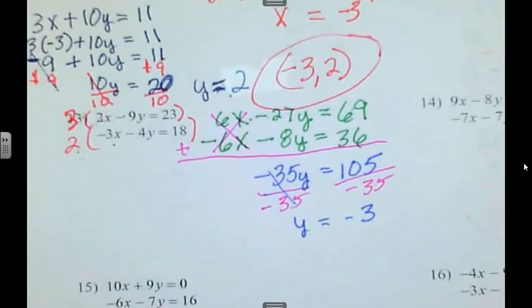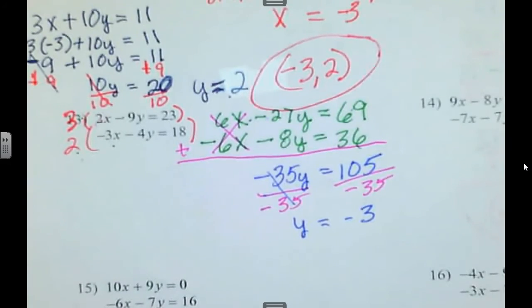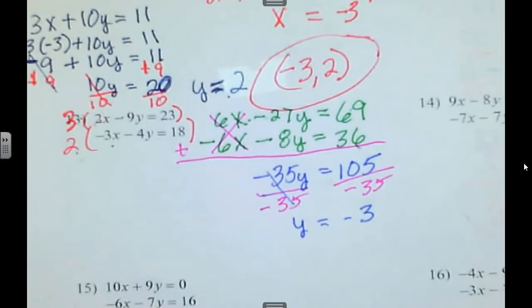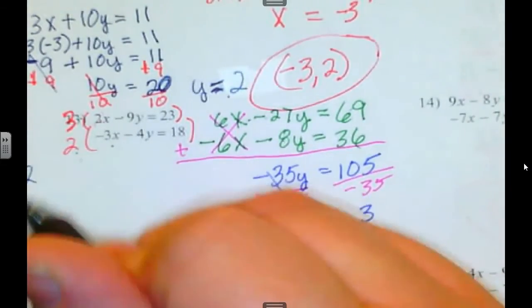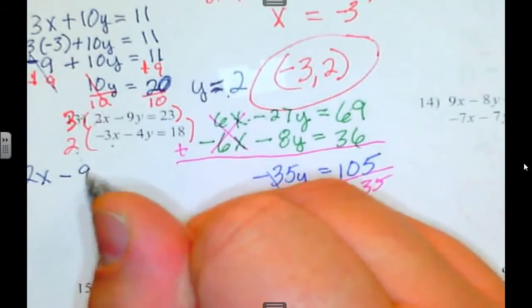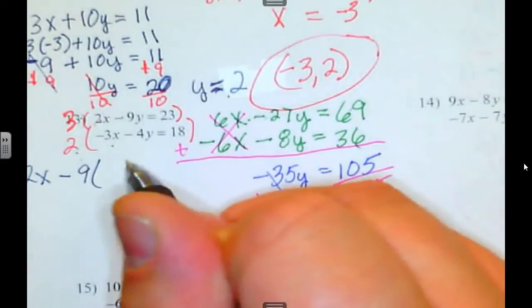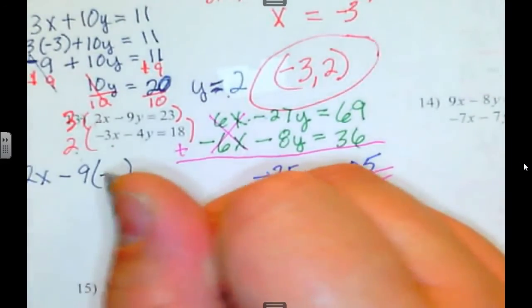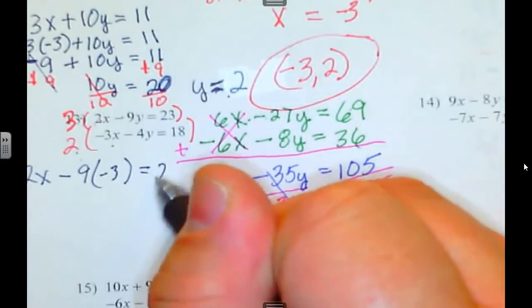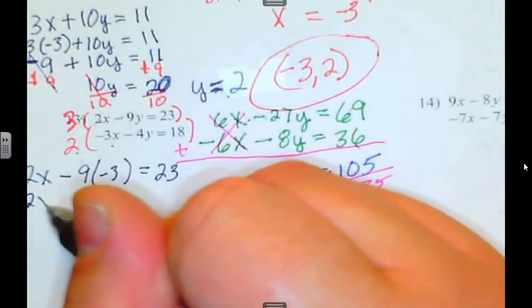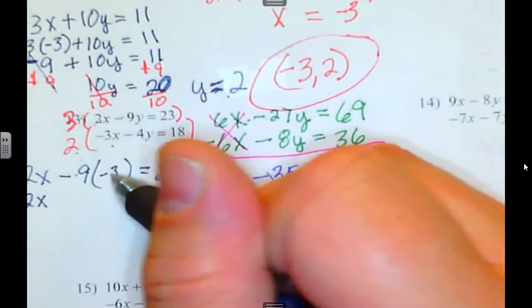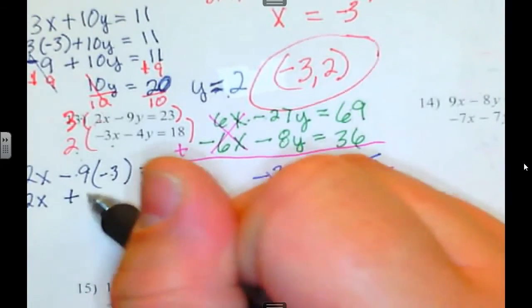Go back and pick one. I don't like negatives. I'm going to take the top one. 2x minus 9 times y, and y is -3, equals 23. Solve for x. 2x minus 9 times -3 is a plus 27.